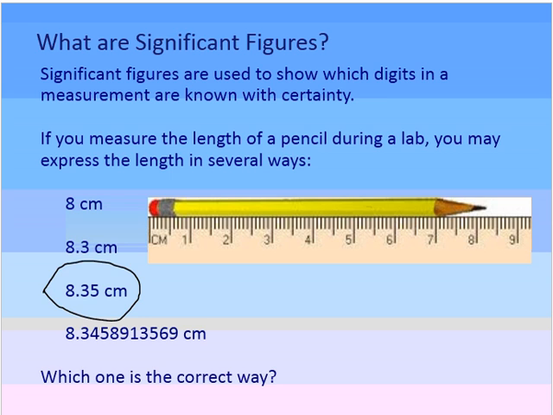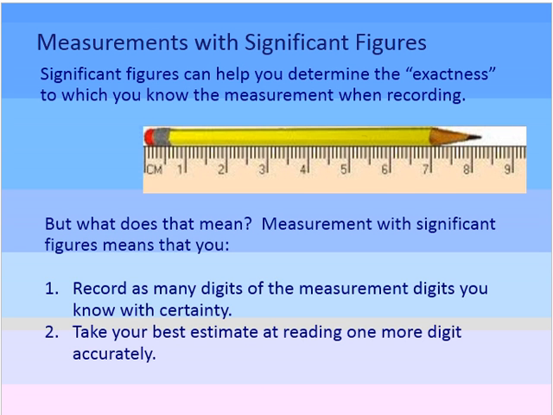And let's see why. When you measure with significant figures, they help you record the amount of exactness or the precision of the tool used to make the measurement. So when you measure with appropriate significant figures in the lab, you record as many digits of the measurement as you know with certainty. So I knew with certainty that that pencil was at least 8.3 centimeters long. Not quite 8.4, at least 8.3.